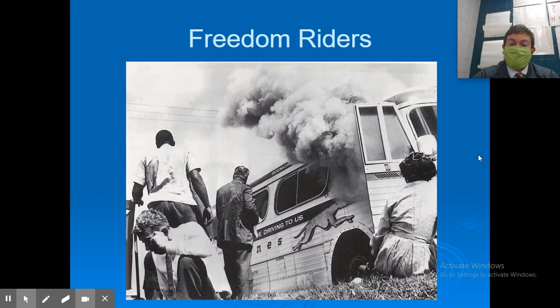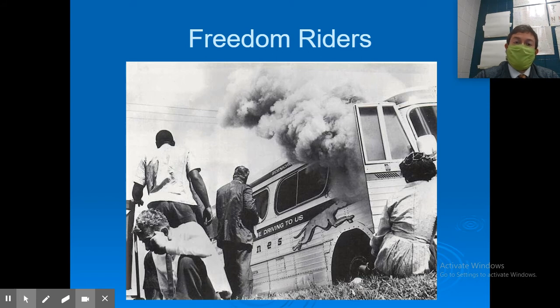Then you had the Freedom Riders. They were a group of people who rode on interstate buses to different places, specifically to the South, because even after the passage of Brown v. Board and the decision that the Supreme Court had on Rosa Parks, there were a lot of Southern states that still had Jim Crow laws and would not enforce the desegregation.